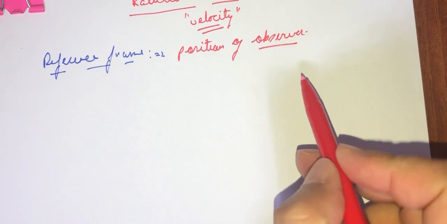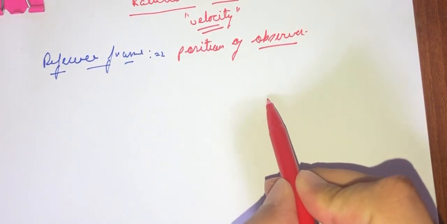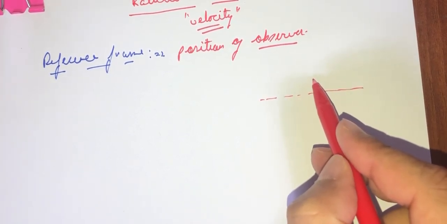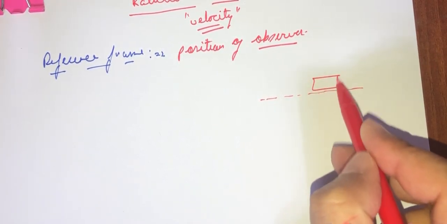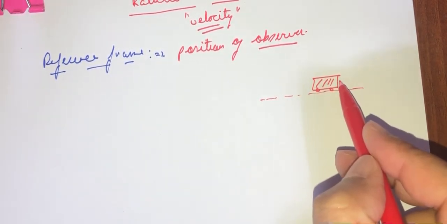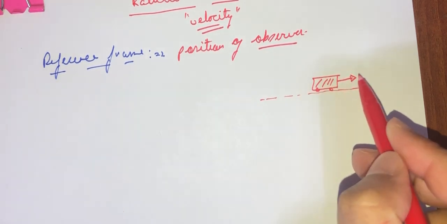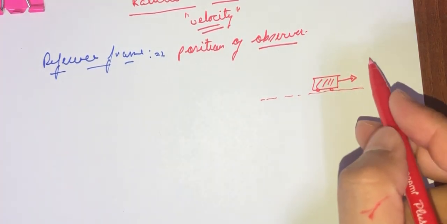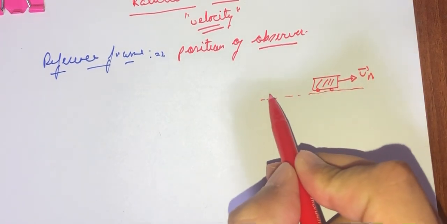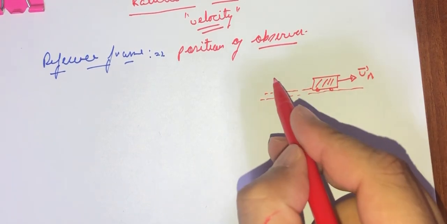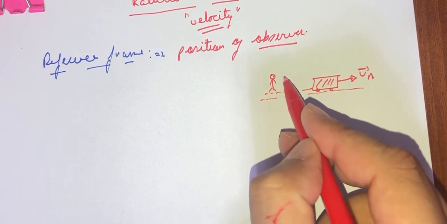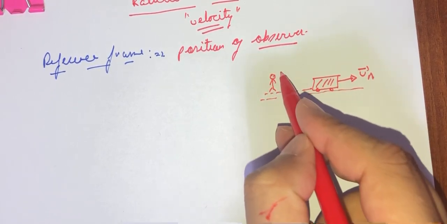In the first case, let us say that there is a vehicle, and this vehicle is moving with the velocity of VA, and this vehicle has a long platform, and on this platform a person is moving with the velocity VB.